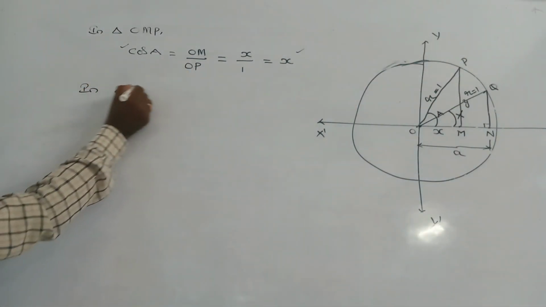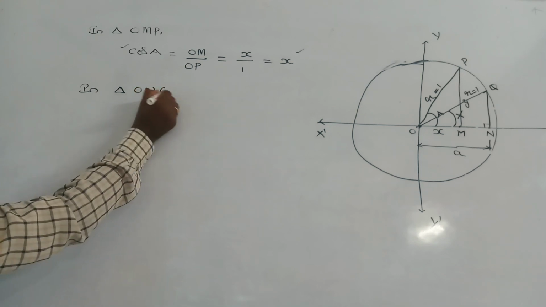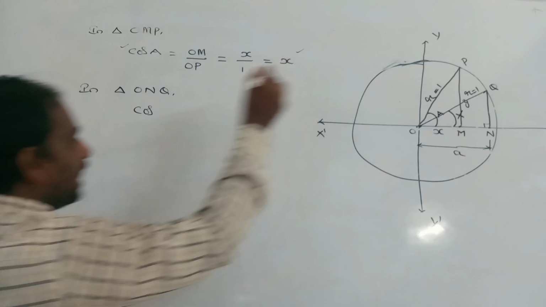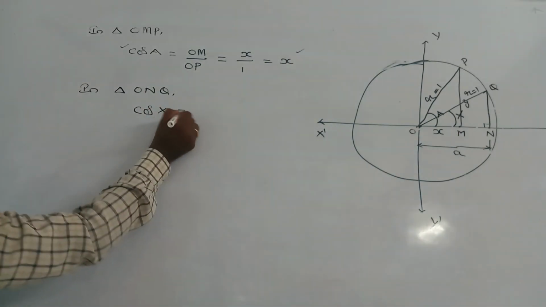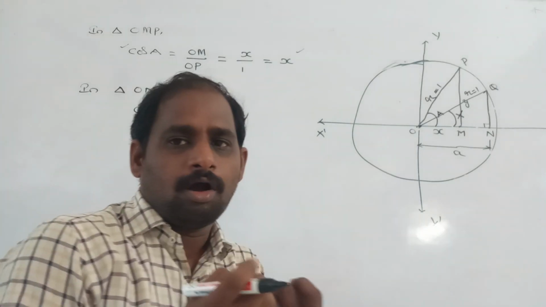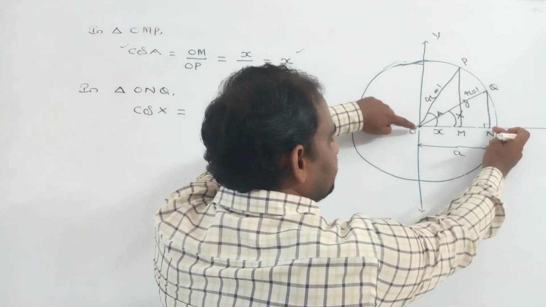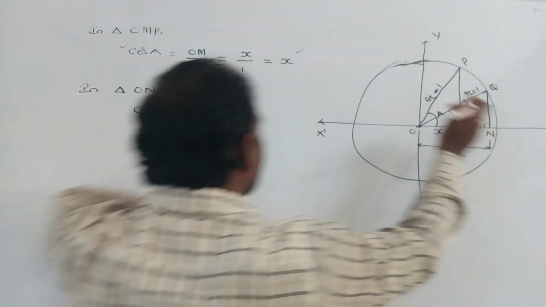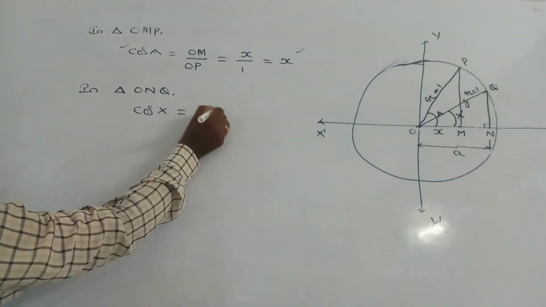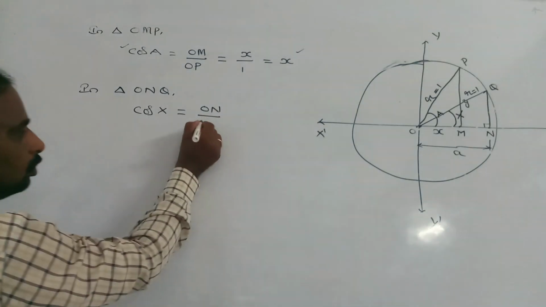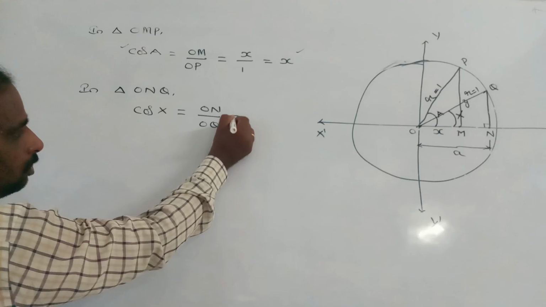In triangle ONQ, let the angle be X. Same formula: cos theta is equal to adjacent side by hypotenuse. Adjacent is ON by hypotenuse OQ.